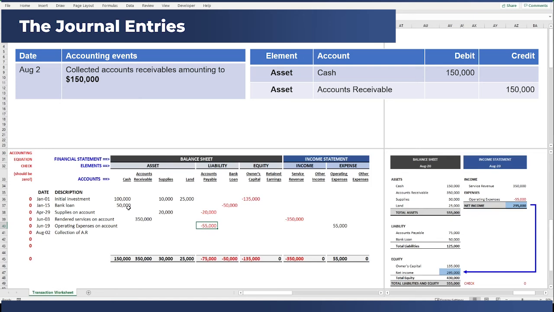Our last transaction is a collection of accounts receivable amounting to 150,000. Here, we increased our cash because we received cash. And then we are crediting accounts receivable for the same amount because we are decreasing accounts receivable from the collection.